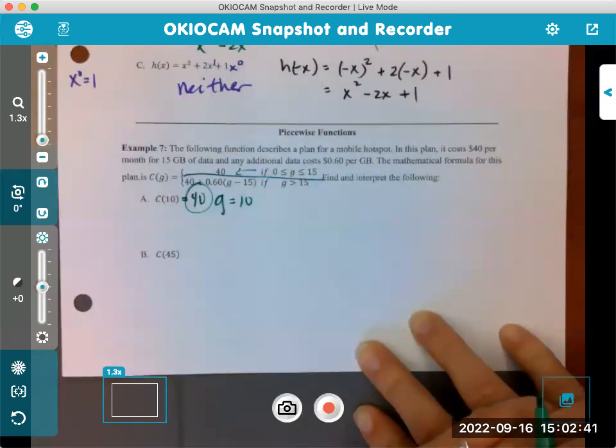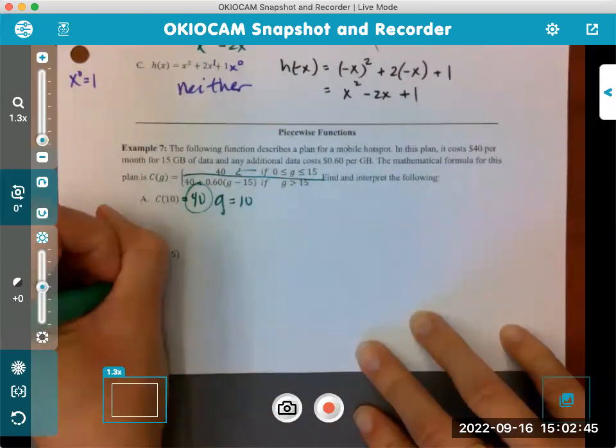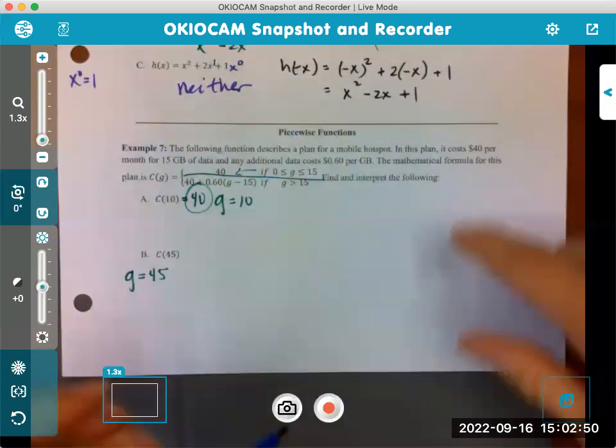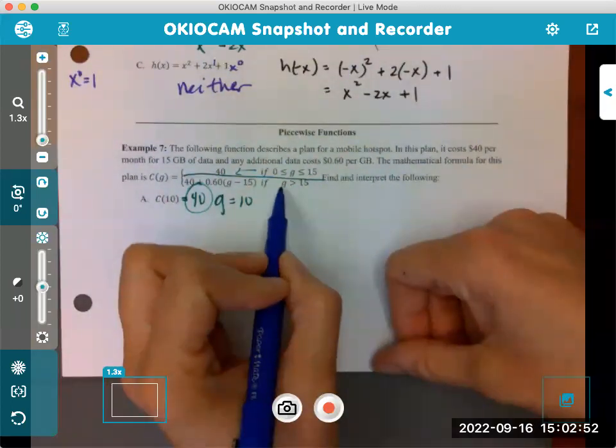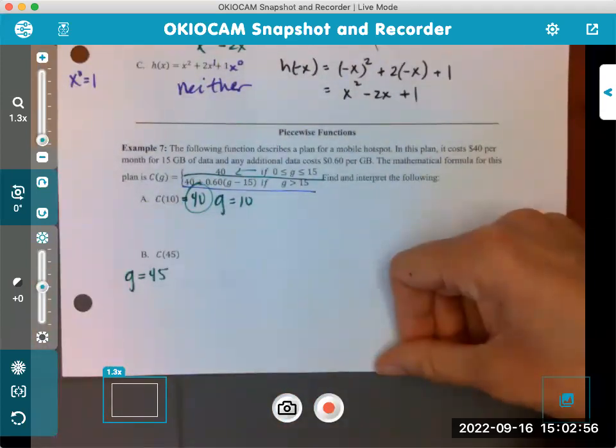But if I use 45 gigabytes, so this says G equals 45. Let me change colors for a visual effect. Would you agree that 45 is greater than 15? So that means that we are using the second equation, right?